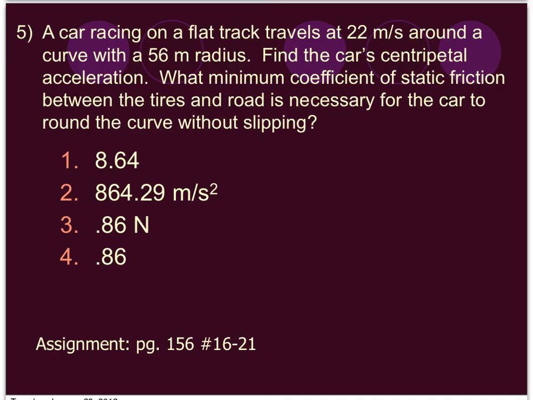So for the first part, the centripetal acceleration, we know we're going to use a equals v squared over r. Our velocity in this problem is 22 meters per second divided by a radius of 56 meters. And when you plug and chug, you're going to get 8.64 meters per second squared.